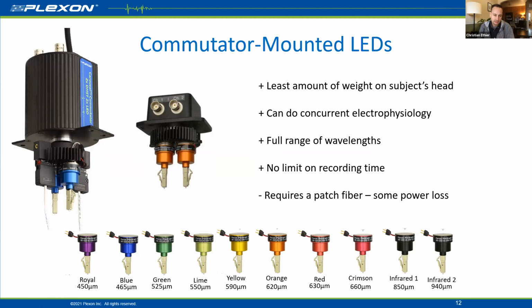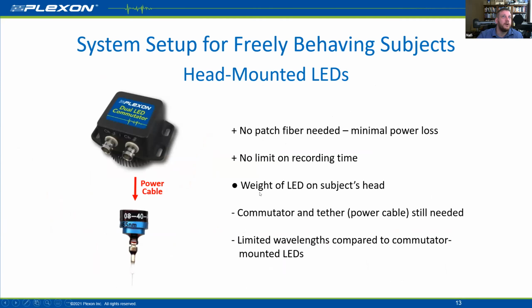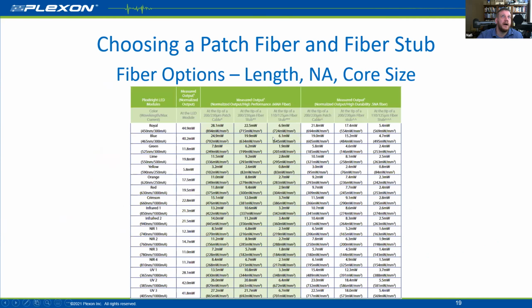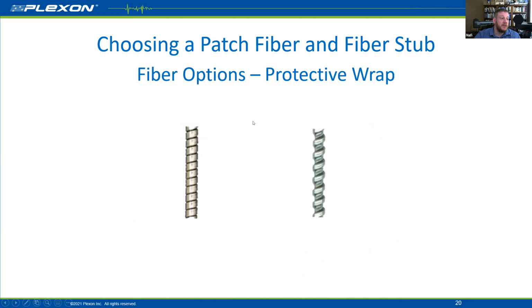And you said those with the LEDs attached to the commutator are different, but for behaving animals, it's preferable to have the LEDs on the animal's head? That's just if you need very high power. From that table I mentioned, you can see that, assuming you're using a 1 meter fiber, how much power will come out depends on which fiber stub you're using.